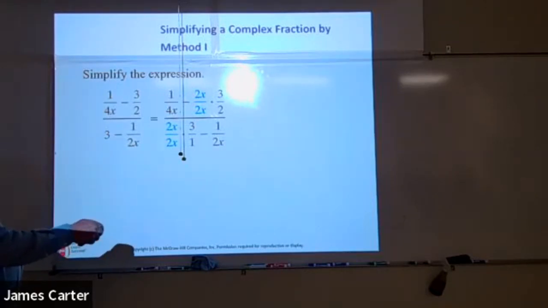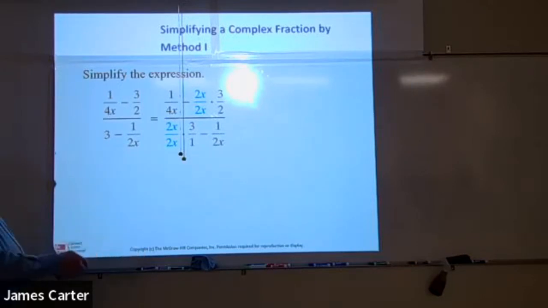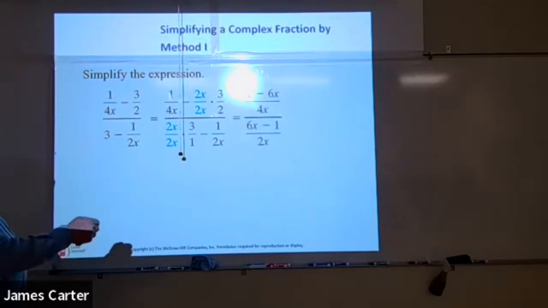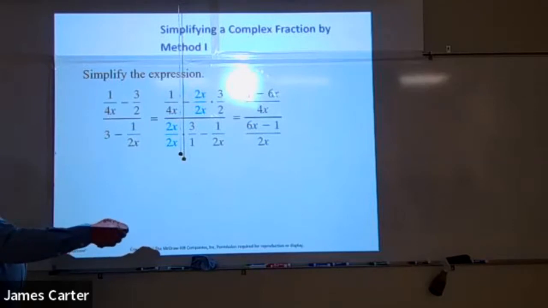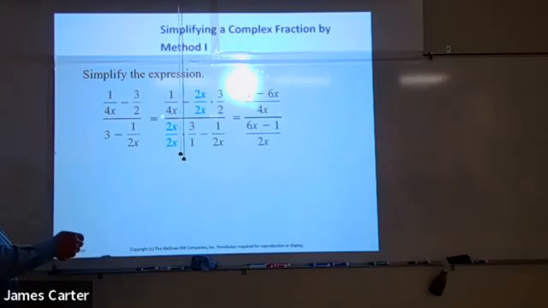So they take 2x over 2x for the missing parts thing, and that then gives you this. We got 1 minus 2x times 3 is 6x all over 4x. Here we have 2x times 3 is 6x minus 1 all over 2x, common denominator.